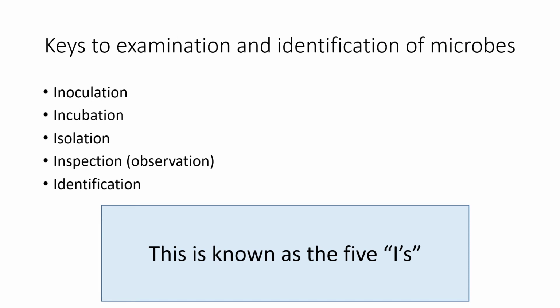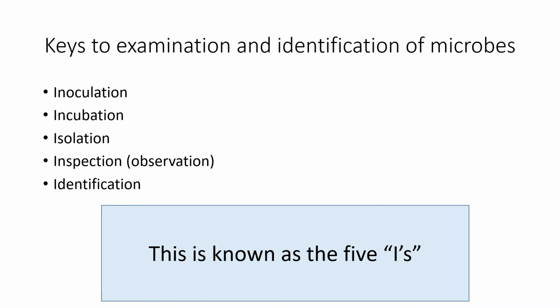Let's talk about examination in the microbiology laboratory and the identification of microbes. Okay, this is known as the 5 I's. Inoculation. So in other words, we want to inoculate our culture specimen to the correct media. The second I is incubation. We want to use the correct temperature and atmosphere to incubate our cultures.